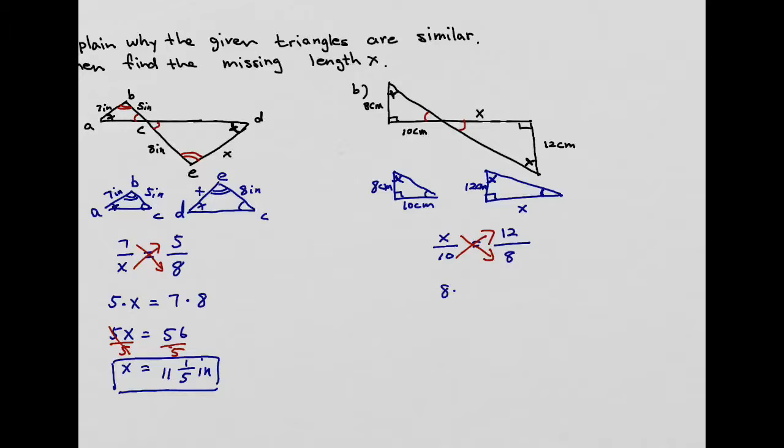And we do 8 times 8 and 12 times 10. And that gives you 8x equals 120. Dividing both sides by 8 to isolate x, you get 15 centimeters. So if these two triangles are similar, then the x length should be 15 centimeters.